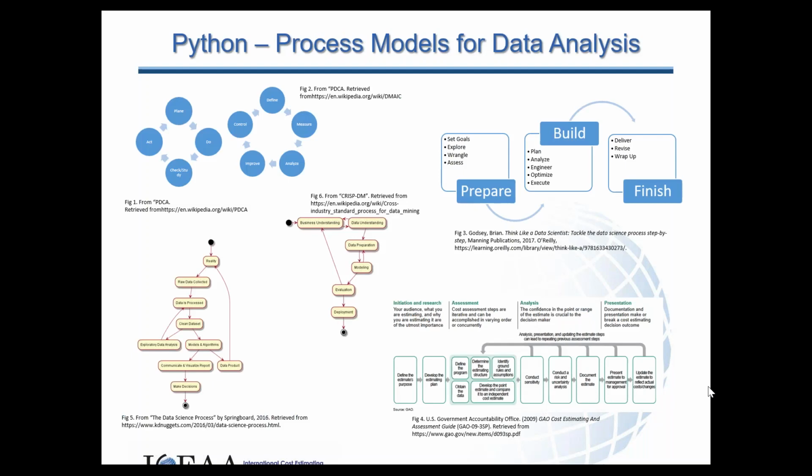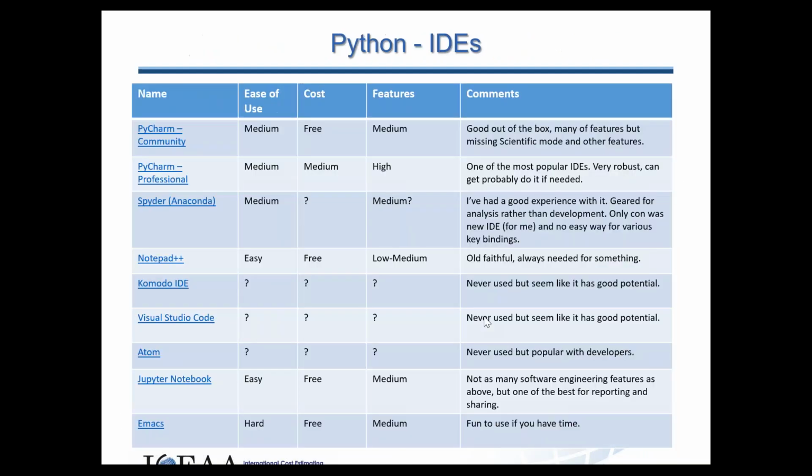Adam has a six-step process, I think: load data, and so on. So the previous slide is just processes. Check it out. Here are Python IDEs. It's very helpful to have an IDE for good analysis. There are a lot of good features for writing Python, such as autocomplete, linting, and syntax correction, all that good stuff.